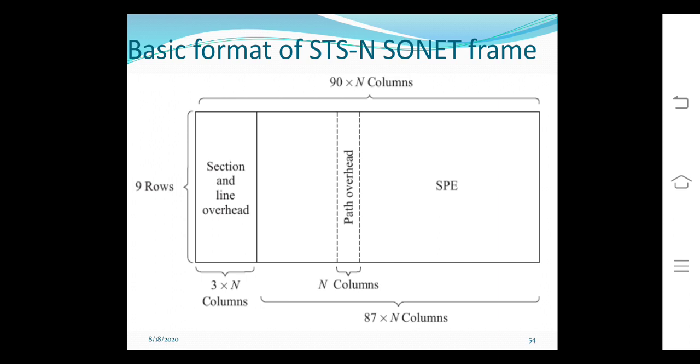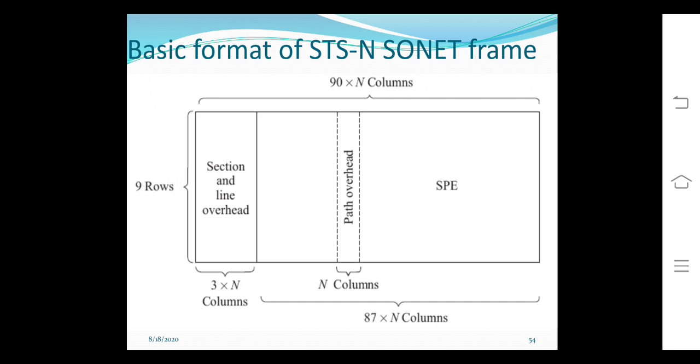We can see that we have 9 rows and 90 times N columns. At the start we can see the overhead, which is 3 times N columns, used for the transport overhead, and the remaining 87 times N columns are used for the SONET payload envelope.